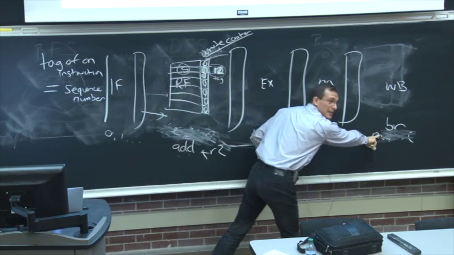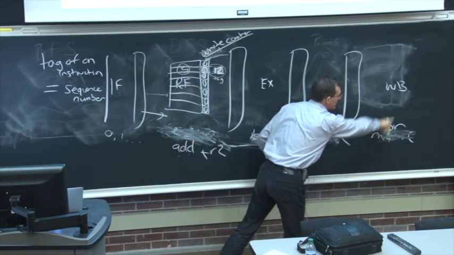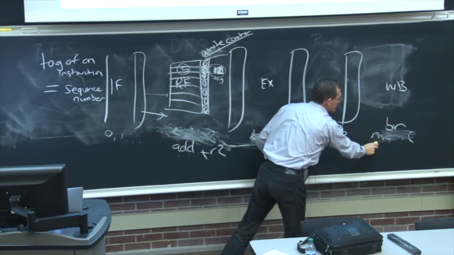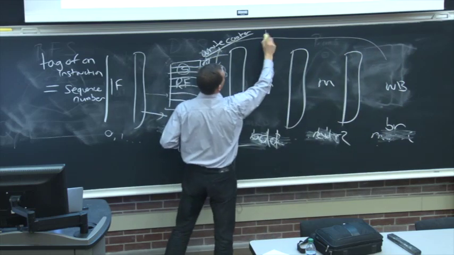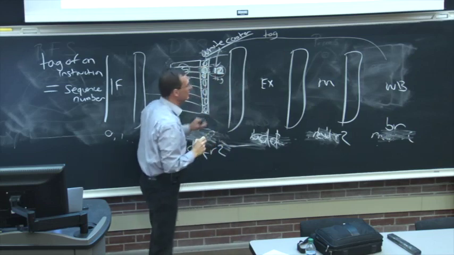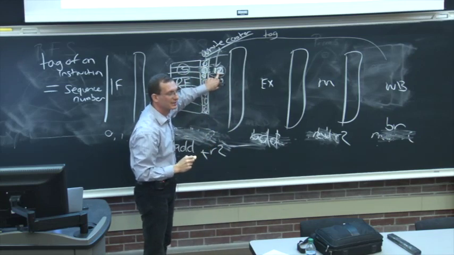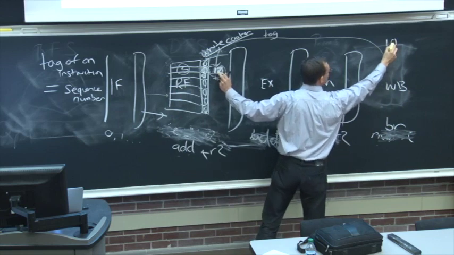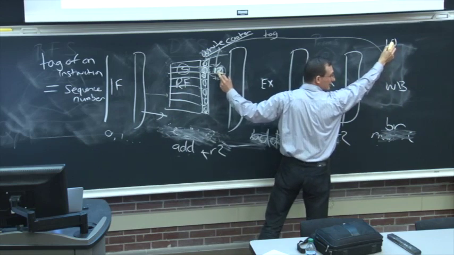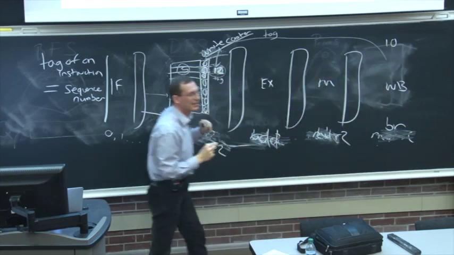When this first multiply is in the write back stage, it sends its tag to the register file, and the register file compares. Remember, the tag of the first multiply was 10. Does this 10 match 12? Well, it doesn't, right?